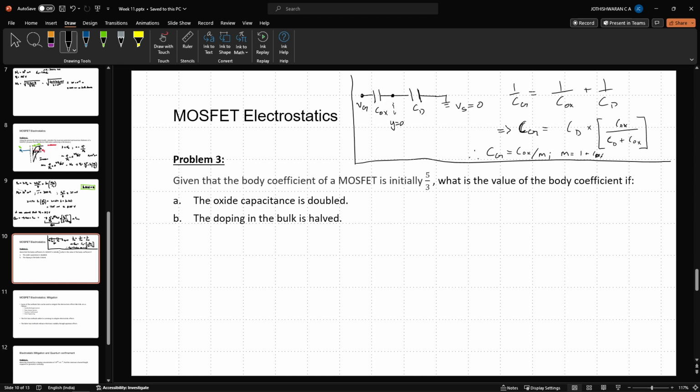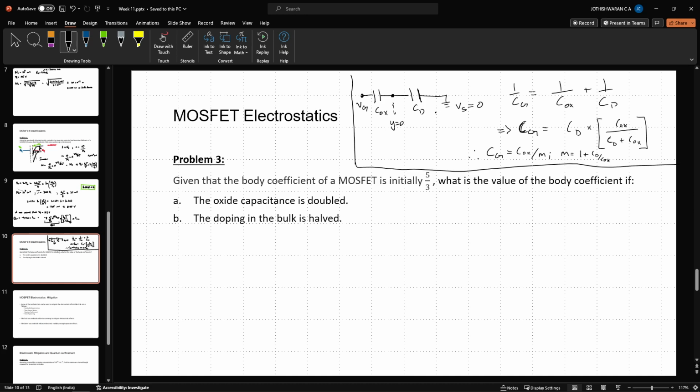So now this is going to be 1 divided by Cd by Cox, which is the quantity that I refer to as the body coefficient. So Cd divided by Cox. Now what does the body coefficient do?